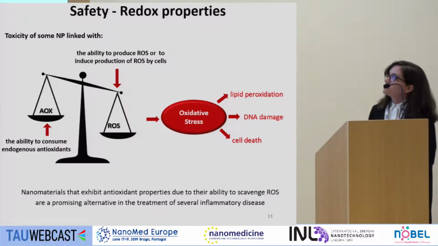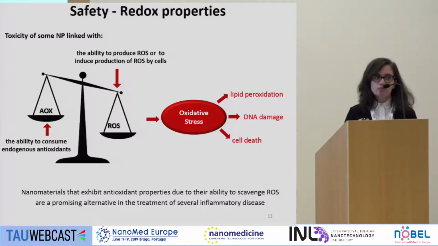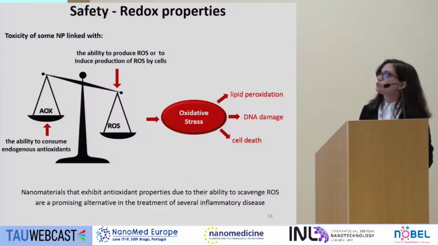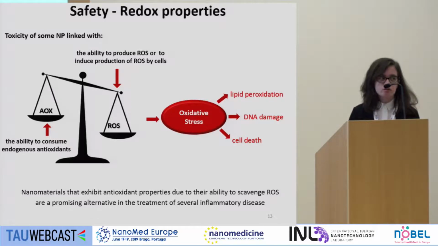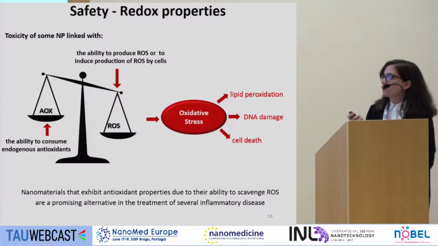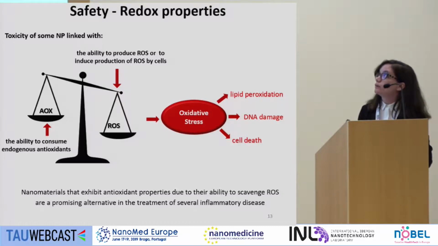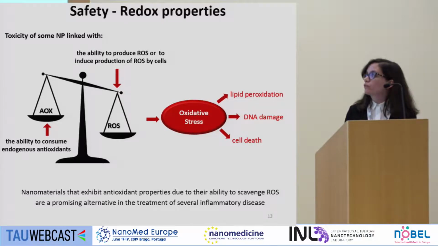Toxicity of nanoparticles is also linked with their ability to produce reactive oxygen species or to induce production of ROS in cells. And another possible mechanism of toxicity is the ability to consume endogenous antioxidants.